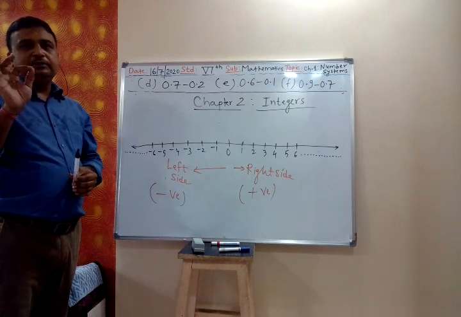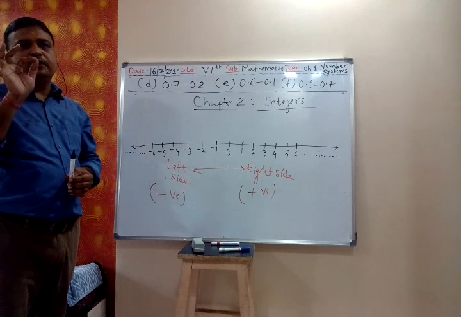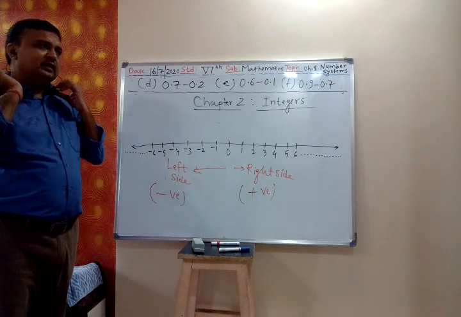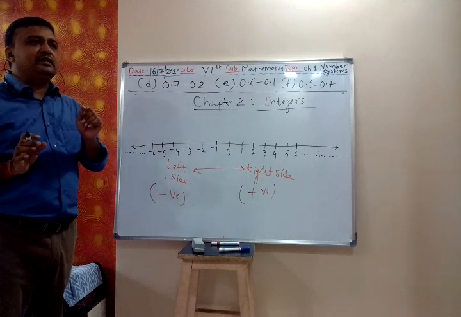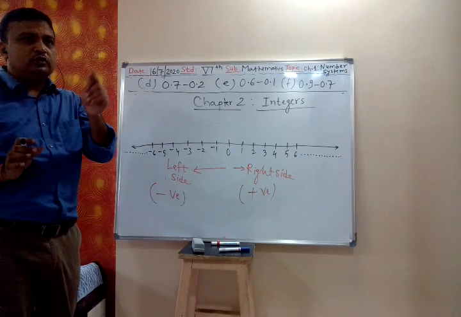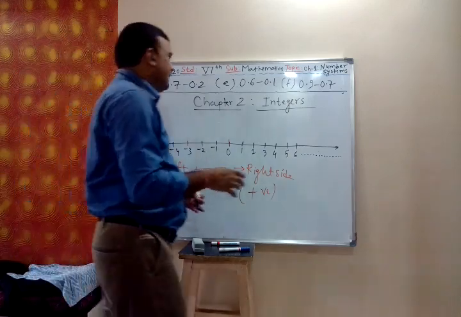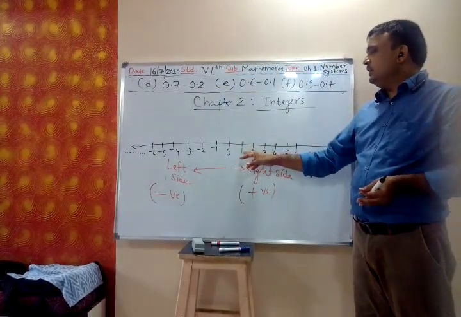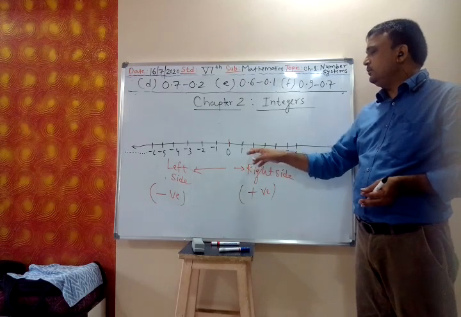Normally we don't show the symbol for plus. If it is plus 2, it is understood: no sign means plus sign. Remember, no sign means plus sign. No sign with 1 means it is plus 1, no sign with 2, it is plus 2.